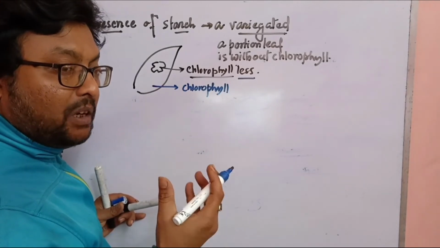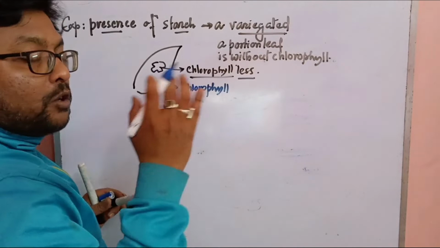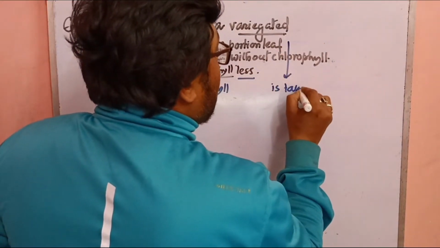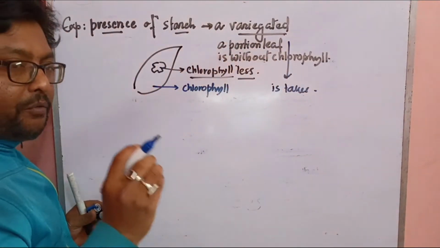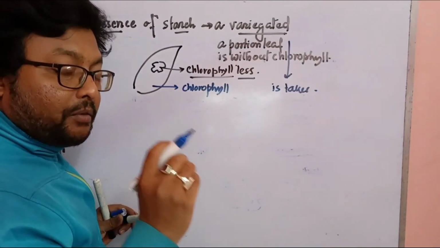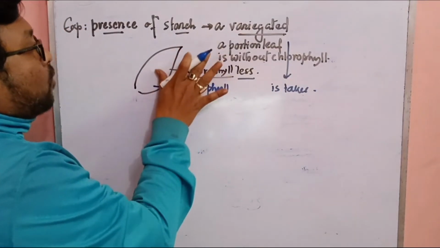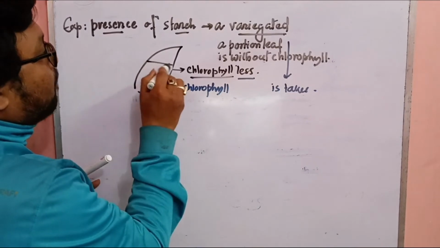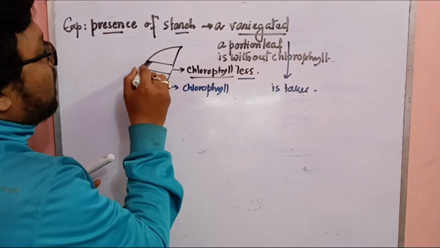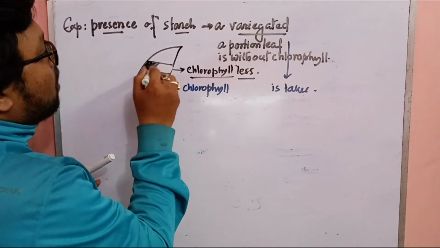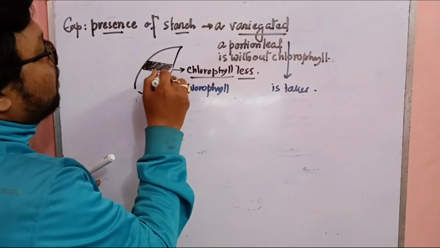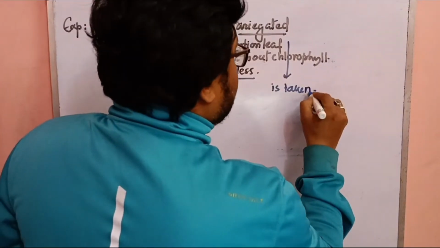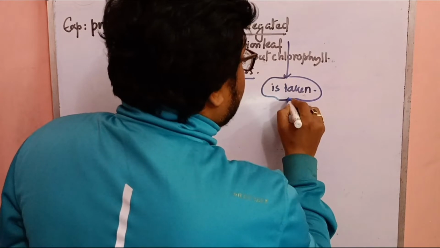That kind of leaf is generally known as a variegated leaf. If a variegated leaf is not found, then in that case we cover a portion of the leaf with black paper, and then it is kept in sunlight.